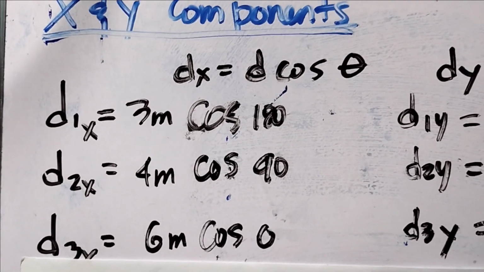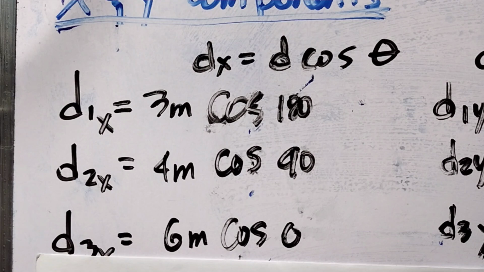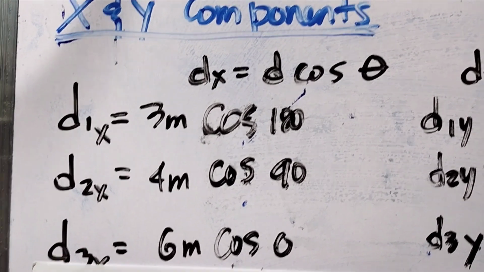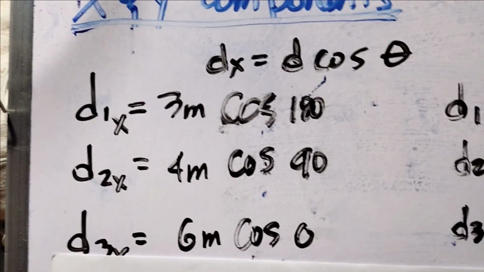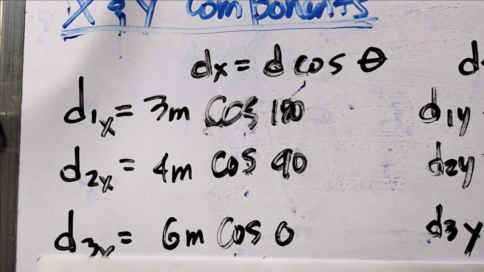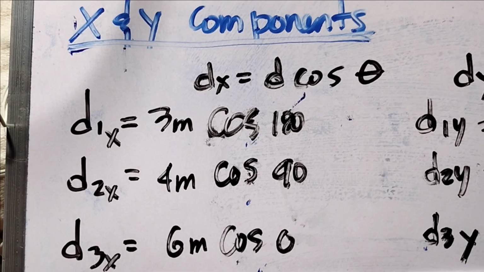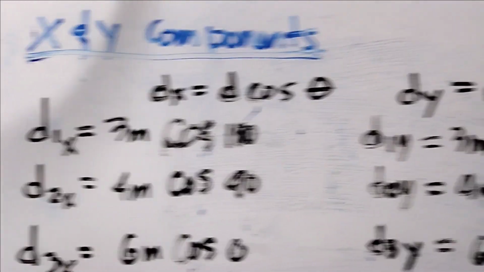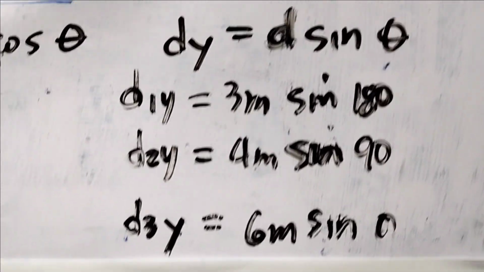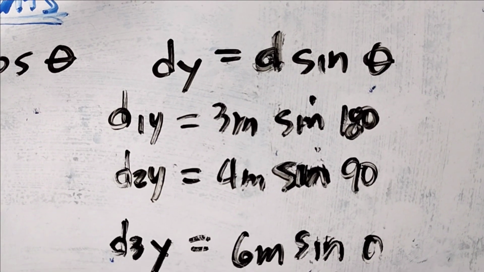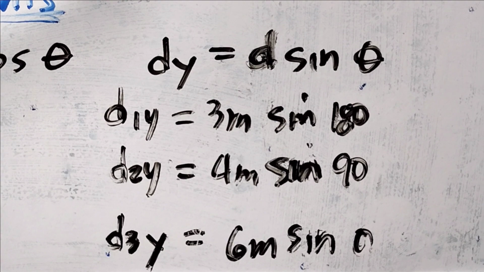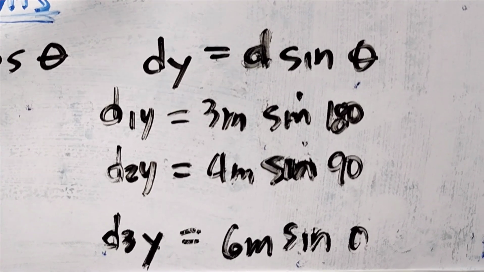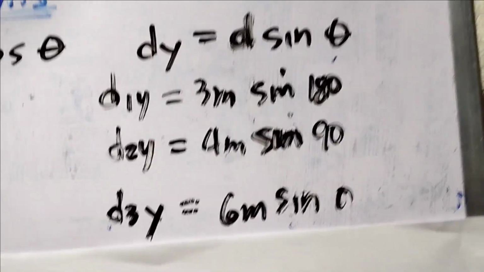Solving for dx, D1x is 3 meters cosine 180 degrees, D2x is 4 meters cosine 90 degrees, and D3x is 6 meters cosine 0 degrees. Same case for dy: D1y is 3 meters sine 180 degrees, D2y is 4 meters sine 90 degrees, and D3y is 6 meters times sine 0 degrees.